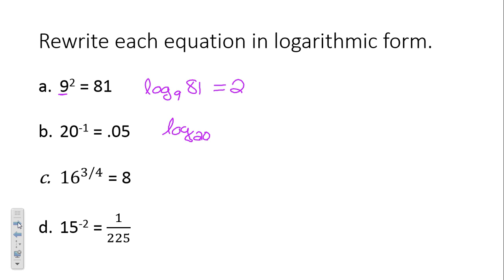Of 0.05 is the negative 1. The power is always your answer. Okay? Your power is always going to be the answer side of things.